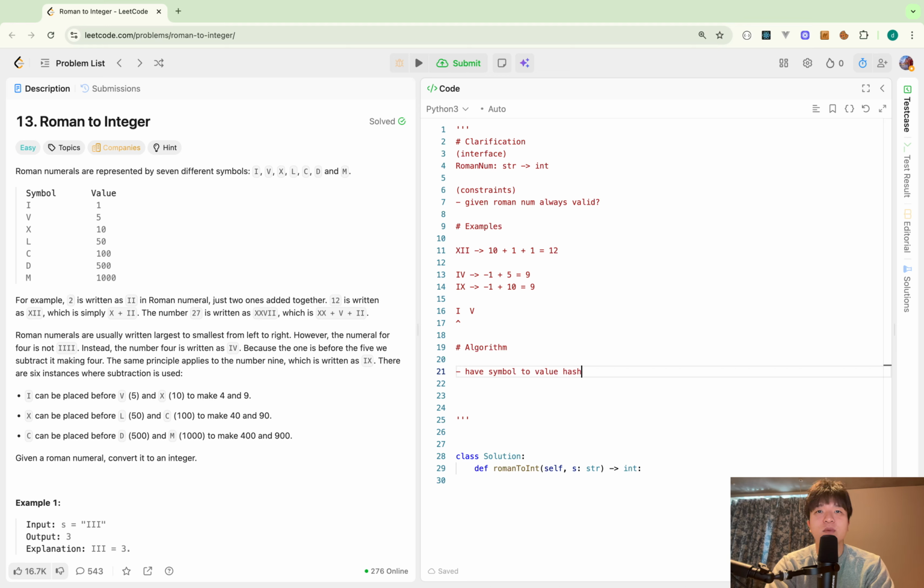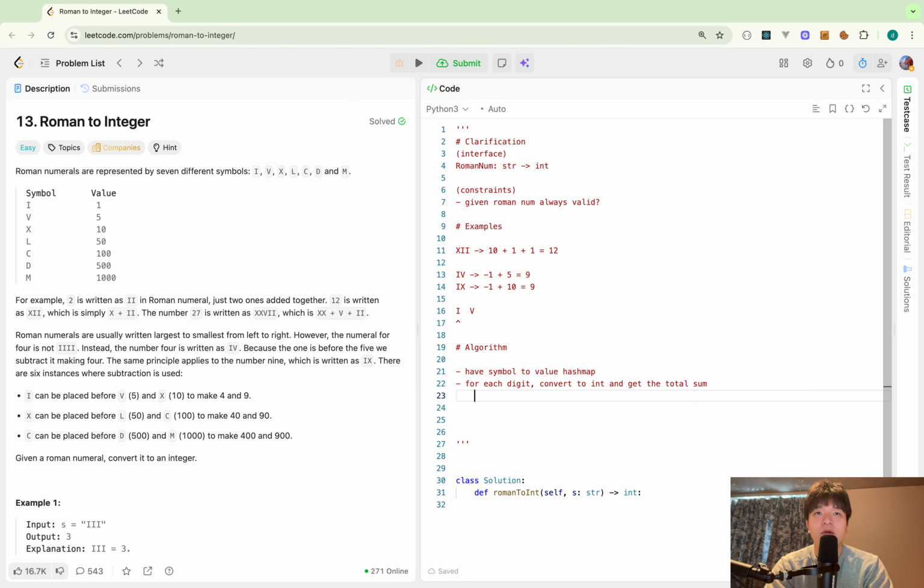I will have this hash map, for each digit convert to int and get the total sum, but I will check the next char too.